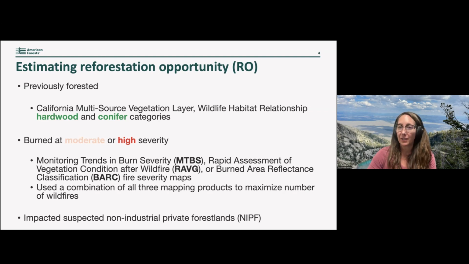We used all three of these to maximize the spatial coverage that we get across the wildfires. So even though these methods are going to result in a little bit different outcomes, we are seeing that using all three of these maximizes our ability to respond quickly to fires and also include as many fires as possible throughout the landscape.